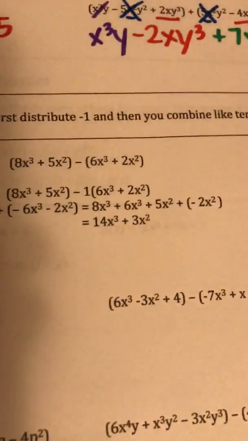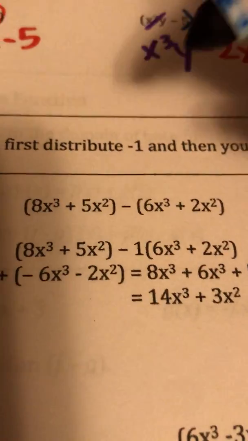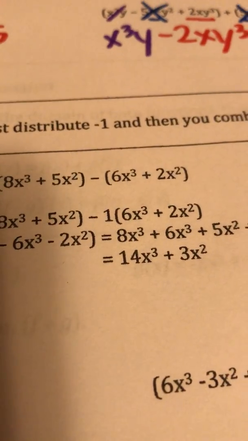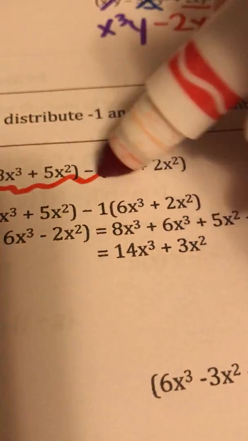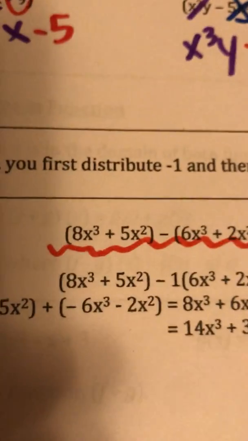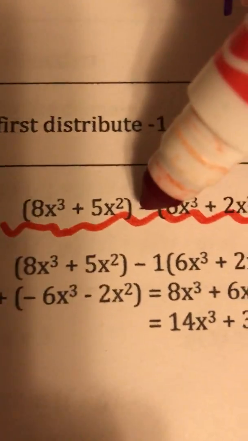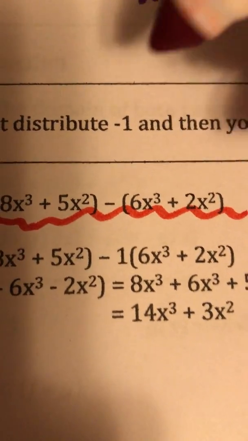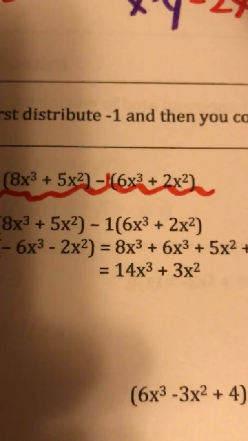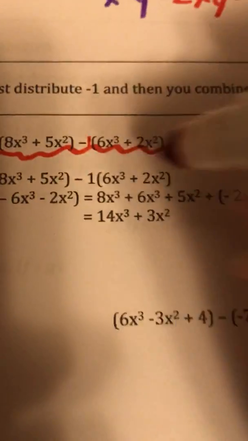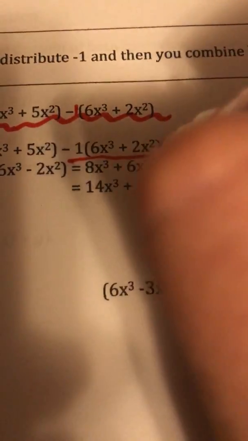So if I have this equation, 8x to the third plus 5x squared minus this part here, you think about it like I have a negative 1 right there in the front.